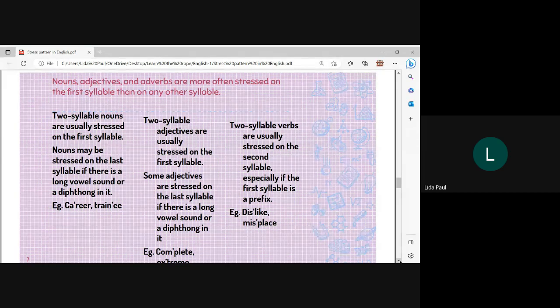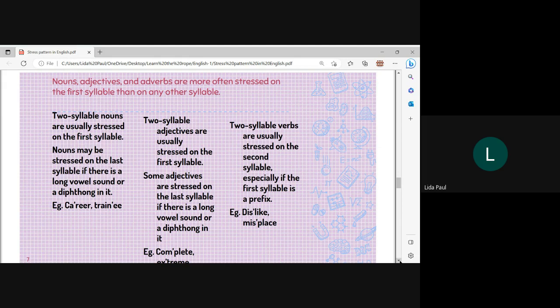Ee is a suffix by itself, in the long vowel format. That takes the stress on itself. And then in the case of career, again you have a diphthong, right? It is also going to take the stress on itself, the syllable carrying the diphthong sound.